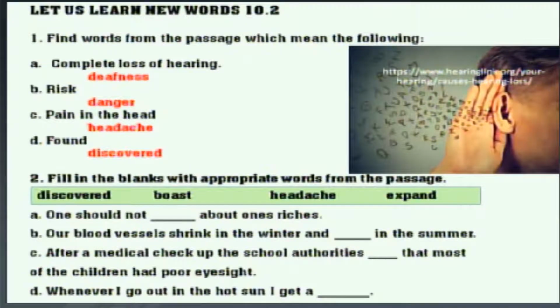Discovered means found. It is given at the top in the first question on the same slide. Whenever I go out in the hot sun, I get a headache. Talking about some of the problem. Clear? So let's move ahead.